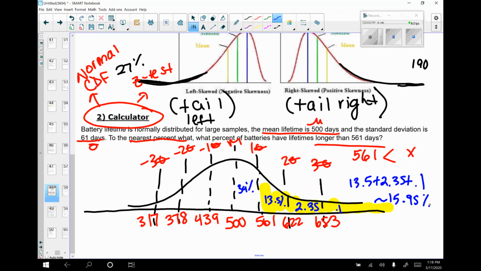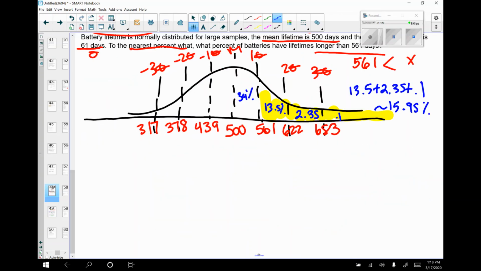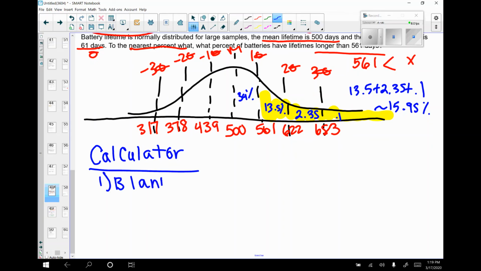But if I want a more accurate answer, here's what I can do. First I'm going to give you the steps. On your calculator, the first thing you're going to do is go to a blank screen. Then you're going to click on menu.